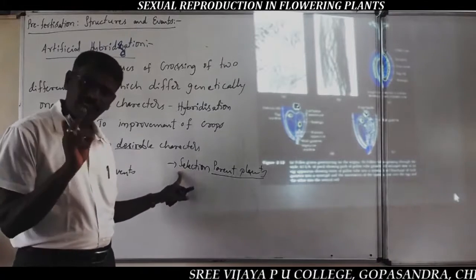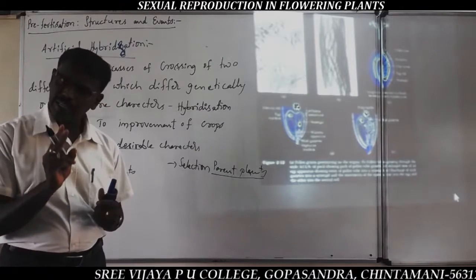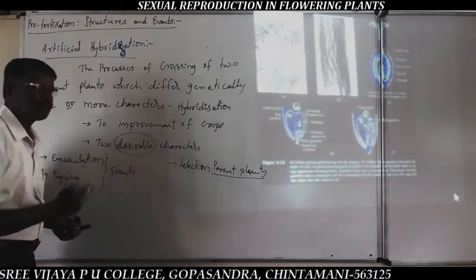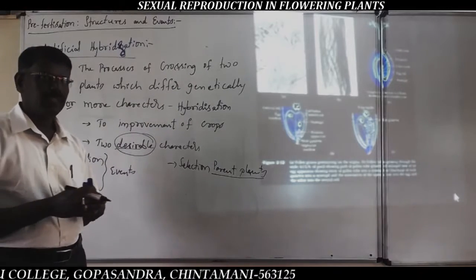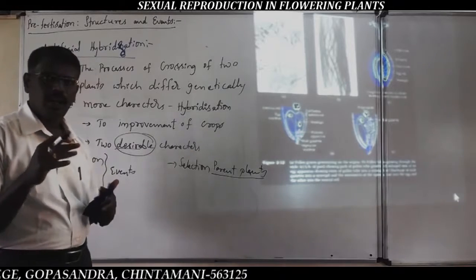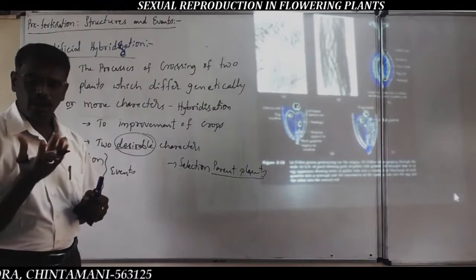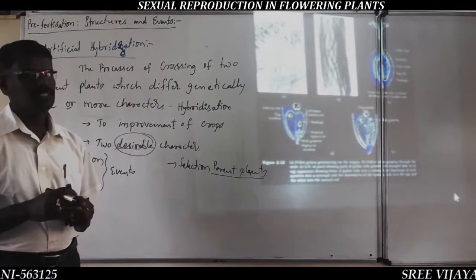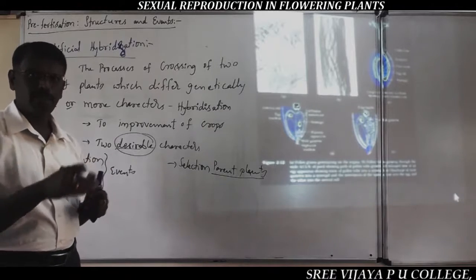At the time of selecting parents, the two parental plants should have desirable characters, for example, high nutrient content in the fruit, large sized fruit, better taste, or more fruits from a plant.